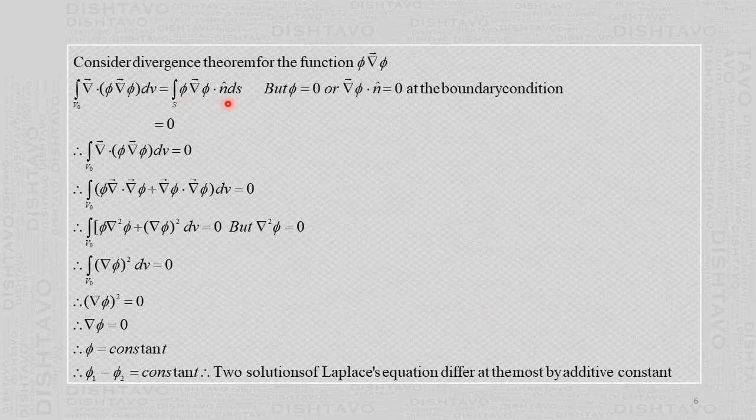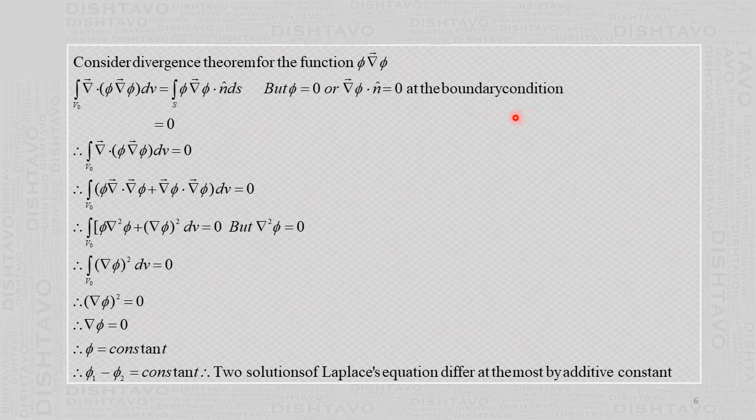N cap is a unit vector of the element area, and the symbol n is used because the direction of the area vector is normal. But phi equal to 0 or grad phi dot n cap equal to 0 at a boundary condition. See, phi 1 can be equal to phi 2.